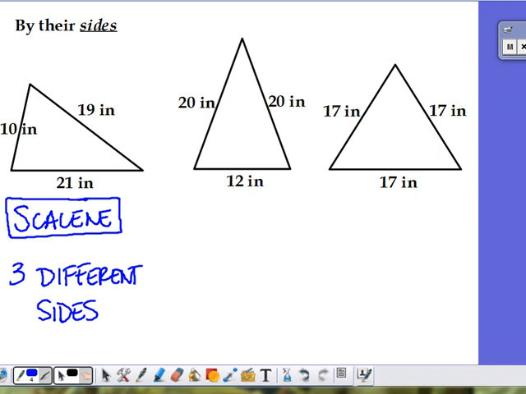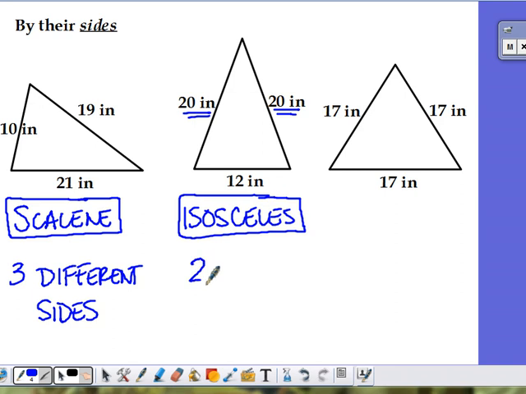When you have two that are the same, that's called isosceles. So an isosceles triangle has two equal sides. And then finally, when all three sides are the same, that's called an equilateral triangle.